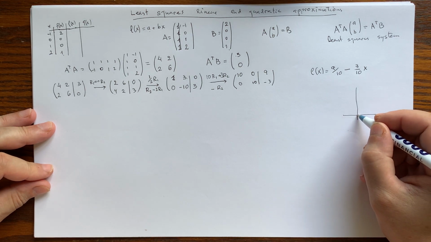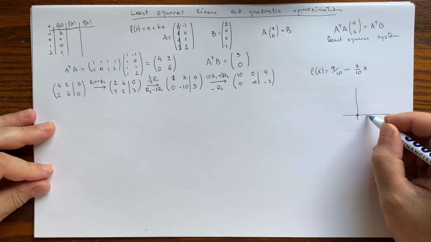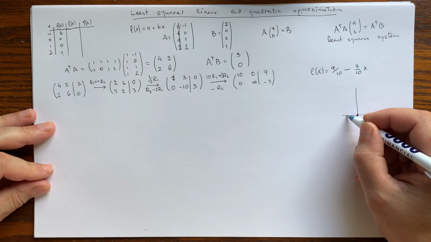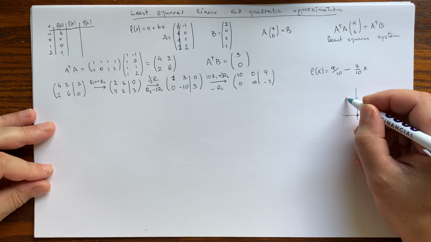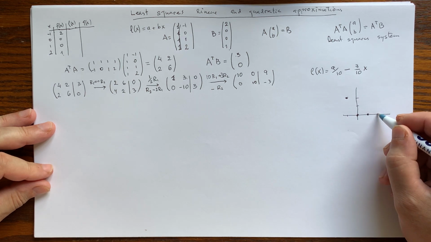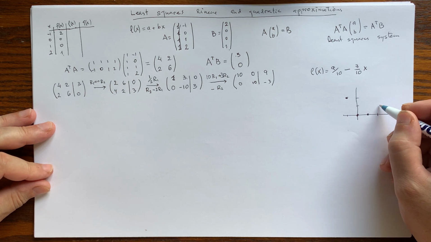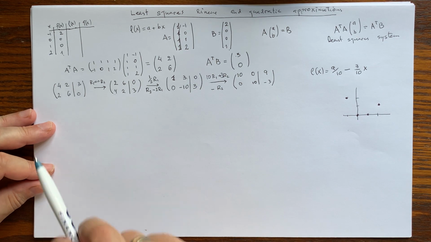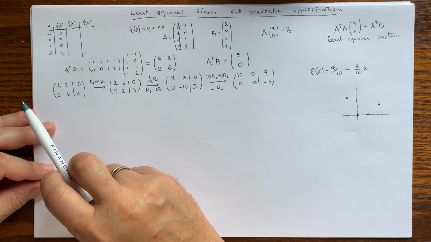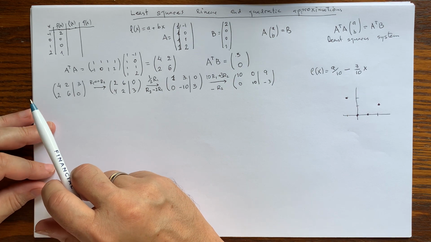So we have value 0 at 0, value 0 at 1. At negative 1 we have value 2, which is here, and then at positive 2 we have value 1, which is here. So what is the line? Let's compute all its values, and that will be enough to plot. 2 of them will be enough to plot.